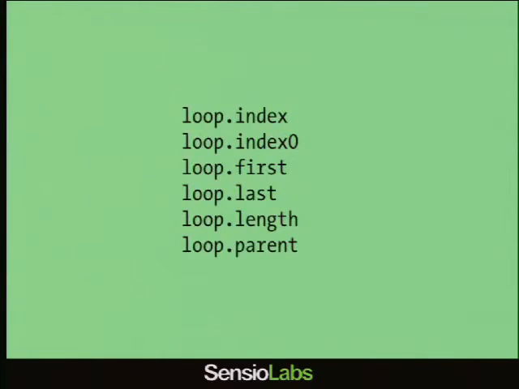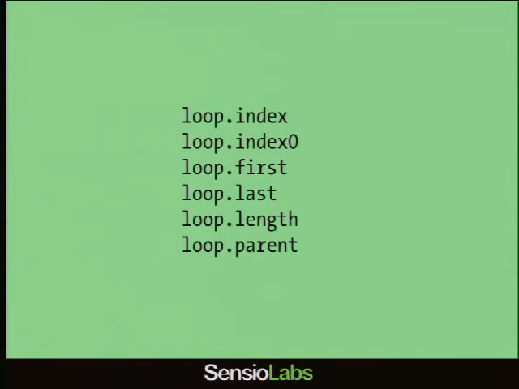Interesting. When you are within a for loop, you have access to a special variable, which is only available when you are in the for loop. This variable is called loop, and it is automatically created by Twig, and it gives you access to a lot of interesting information about the loop.